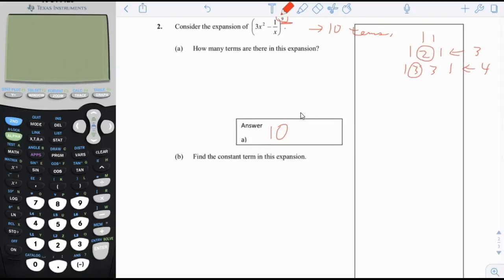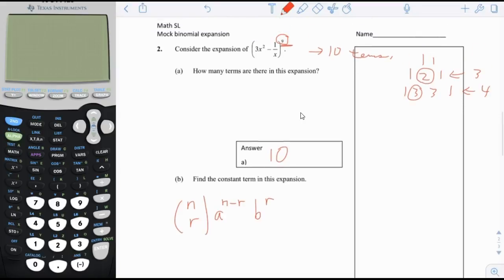The general term says you're going to have n chooses r times a to the n minus r times b to the r. And what are a, b, and n in this case? Well, n, of course, is the order, 9. A is going to be 3x squared, and b is going to be negative 1 over x.